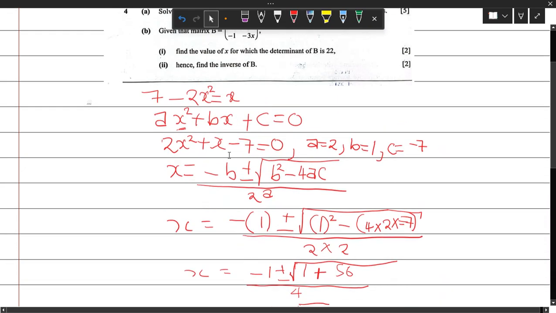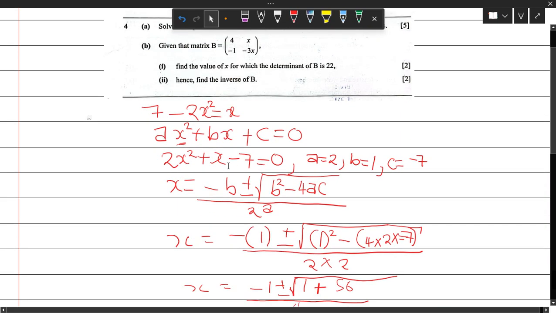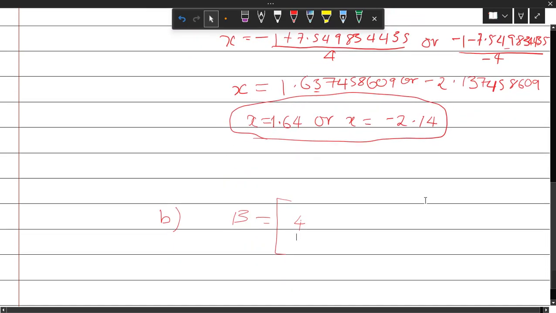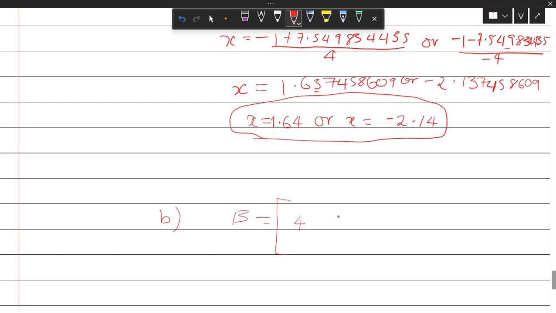Wait a minute. Okay, it's supposed to be x here.